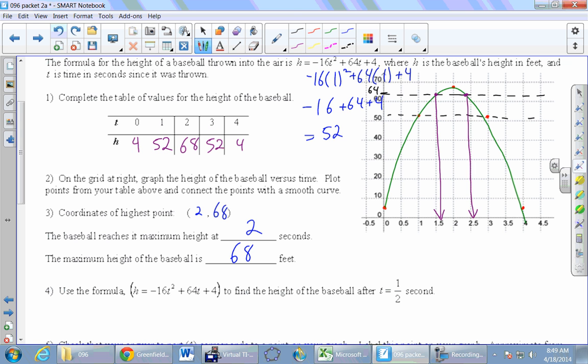Now your t's are going to be a little bit different than my t's. For me, I get something like 1.6 and 2.6, but it's just an estimate. Feel free to write down different numbers for those. Whatever your graph says is what you should write.